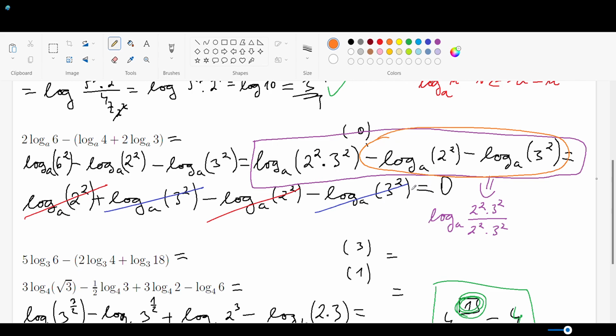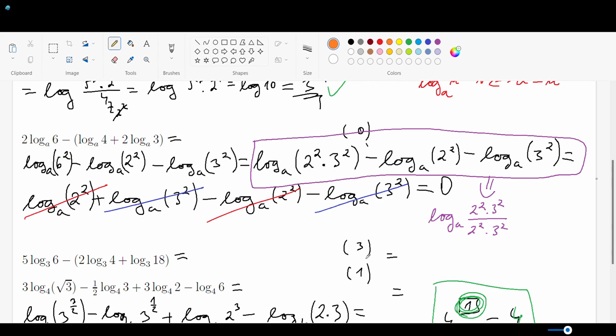Or maybe this wasn't the most clever idea, to get rid of these parentheses, because you could maybe directly see from this expression that you could come to this one.